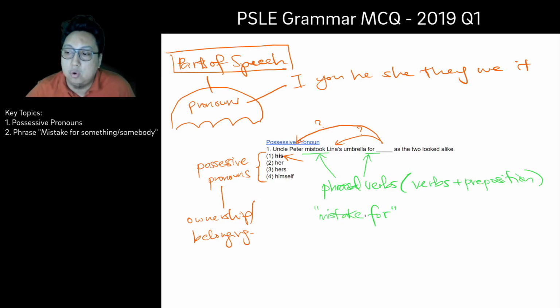When we look it up in a dictionary, I usually recommend the online Cambridge dictionary, because I think most teachers would refer to it as a reference.